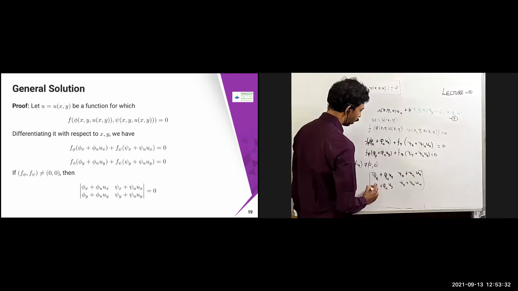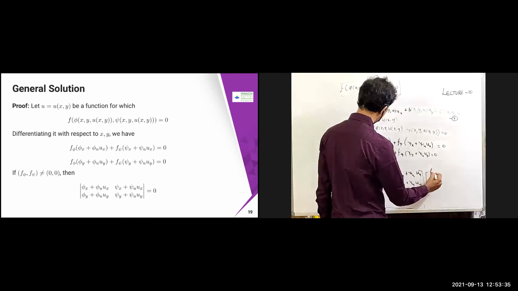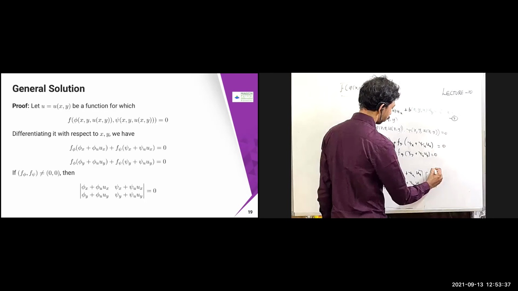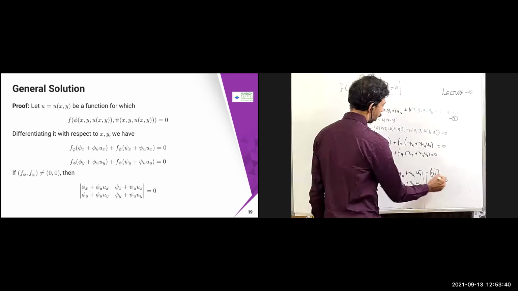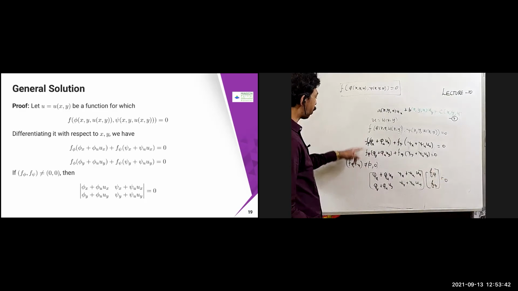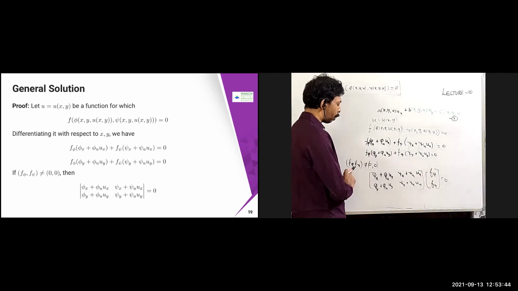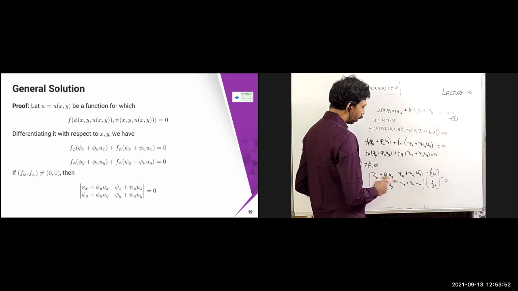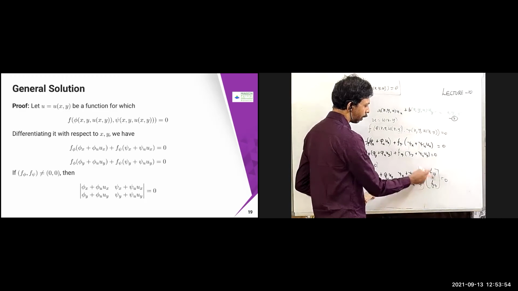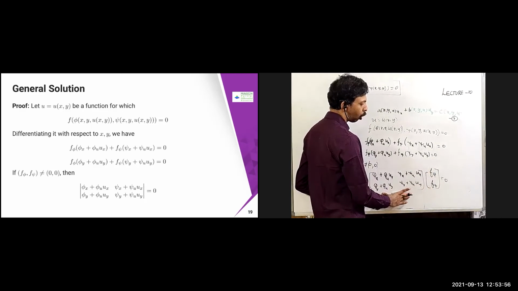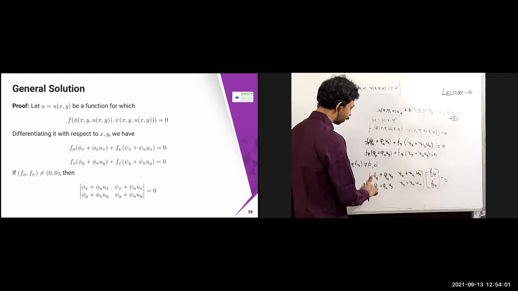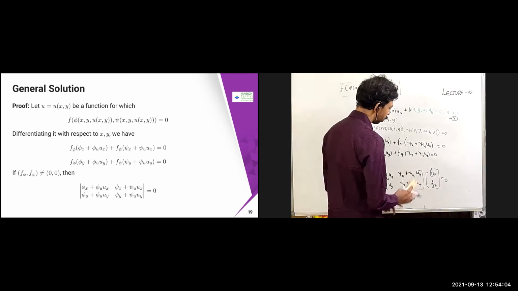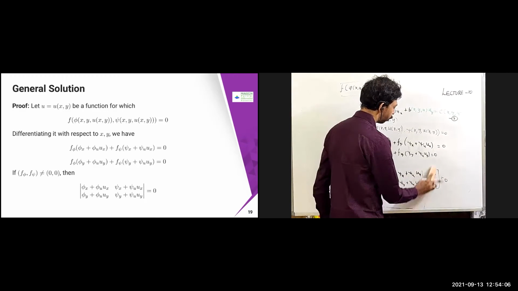Then this times f pi, f psi equals 0 in matrix form. Now f pi and f psi are not simultaneously 0. It is given that this is not equal to 0, therefore the determinant of this matrix is going to become 0.